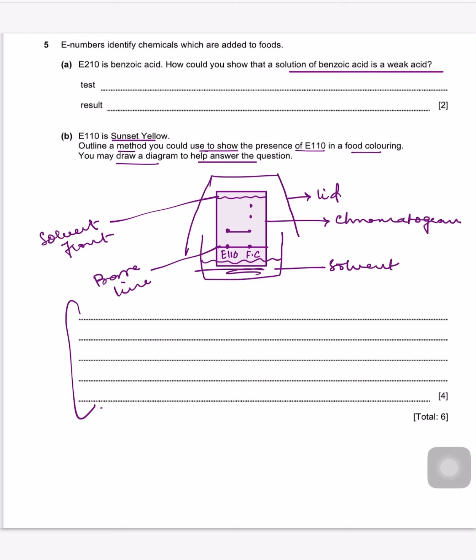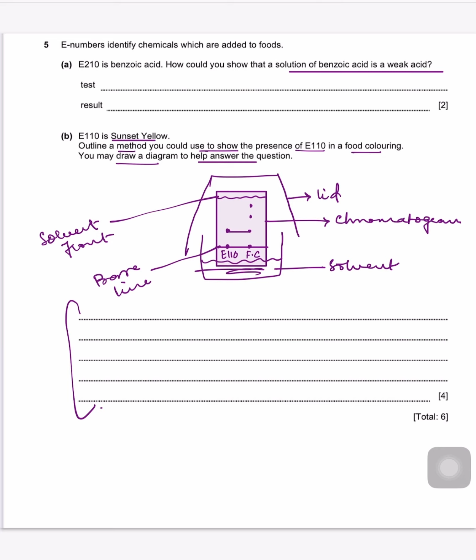So you will write that a paper chromatogram is taken, baseline is drawn with the pencil, spots are placed with the help of a dropper or pipette, and then the paper chromatogram is immersed in the solvent. It is soluble in water.